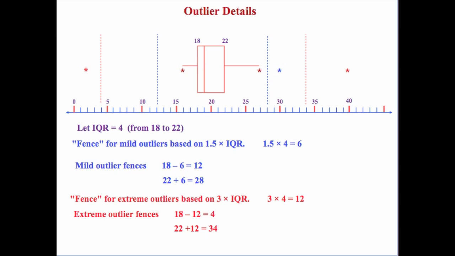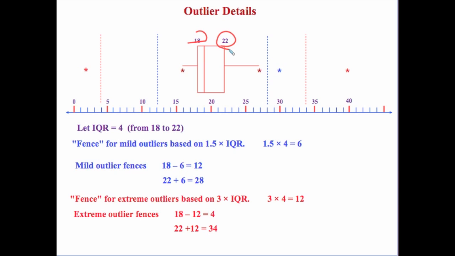Okay, let's take a closer look at outliers. There's no data set here. There's just some made up values to kind of concentrate on the idea of outliers. So let's say for example, okay, I've got my second and third quartiles here, and it goes from 18 to 22, so my interquartile range is 4.